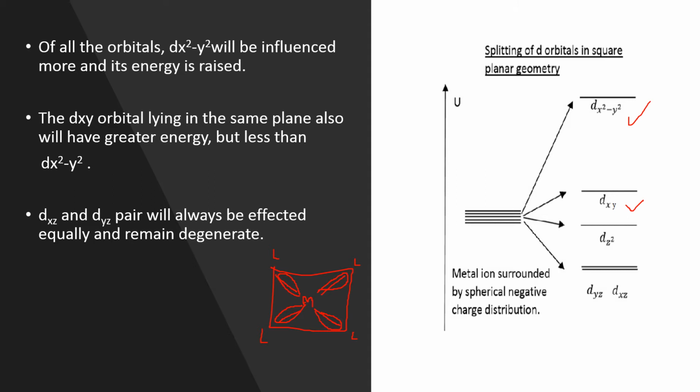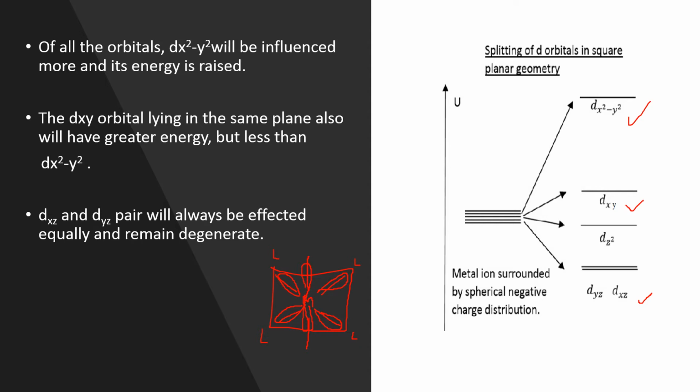The next orbital, which is nearer to the ligands, is the dz square orbital, so it also gets destabilized. The two orbitals which are not much affected and remain degenerate are dxz and dyz. So this is how the splitting occurs in square planar complexes.